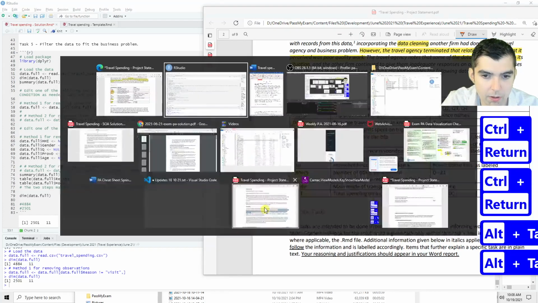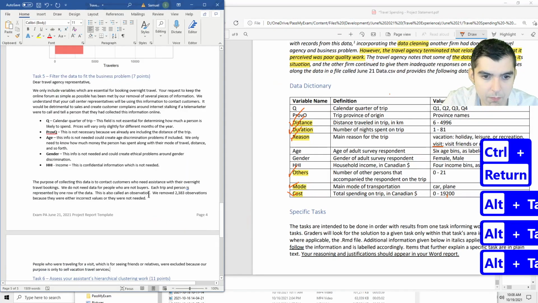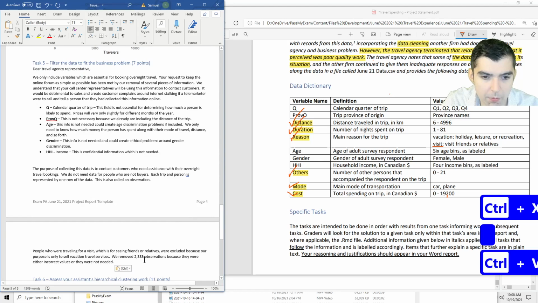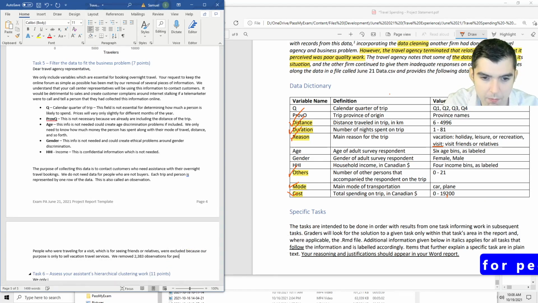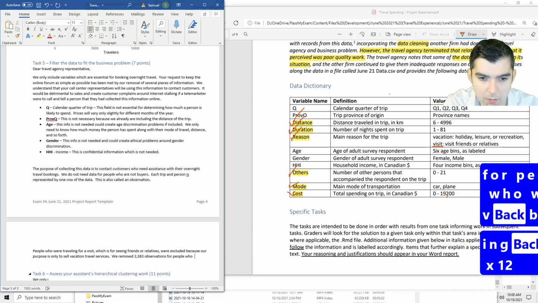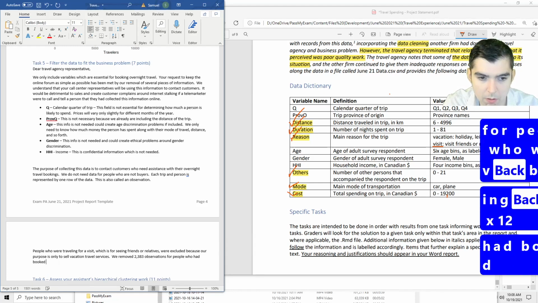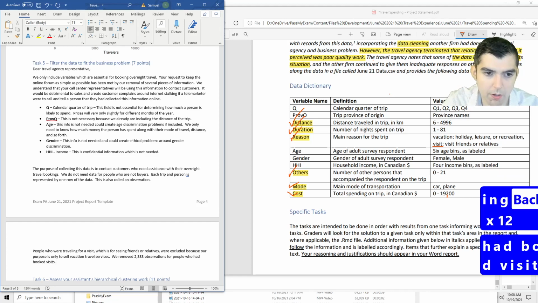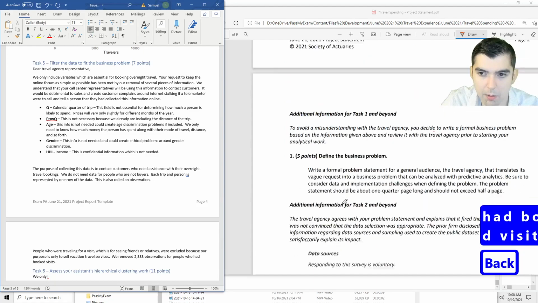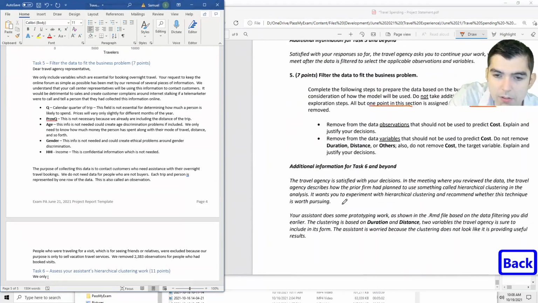So we removed 2,000 observations from booking visits. Okay. Let's go back to the prompt and see.